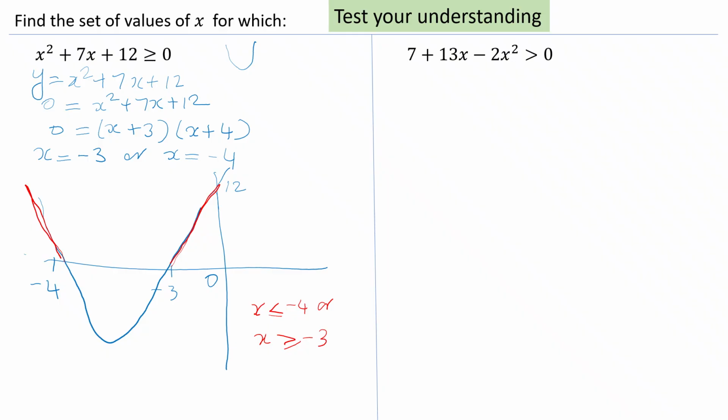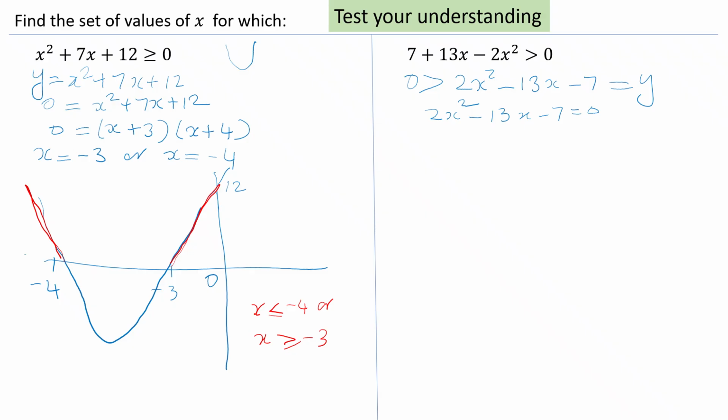Next one, 7 plus 13x minus 2x squared is greater than or equal to 0. So I'm going to move to the other side and make x squared positive. So 0 greater than or equal to 2x squared minus 13x minus 7. So this is equal to y. So I'm going to factorize this one. So 2x squared minus 13x minus 7 equals 0.